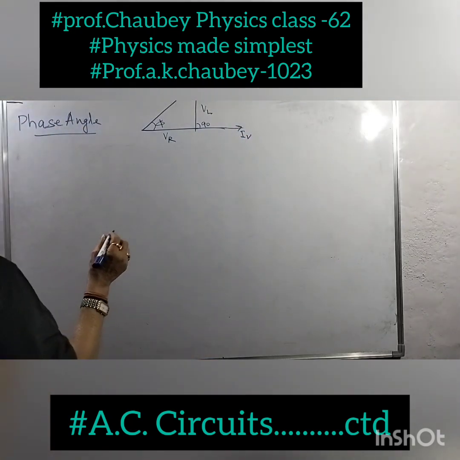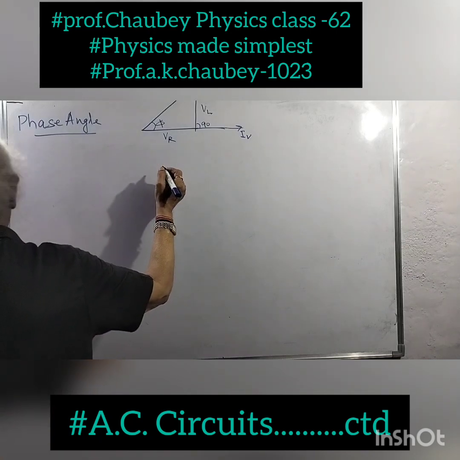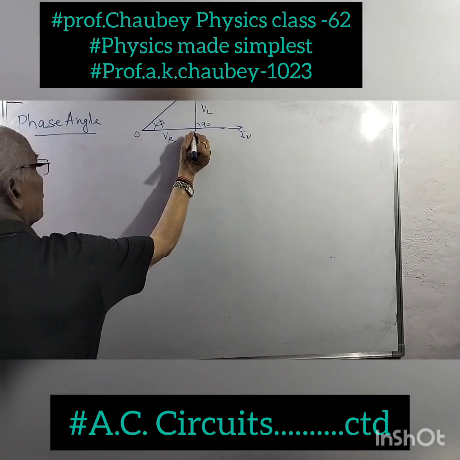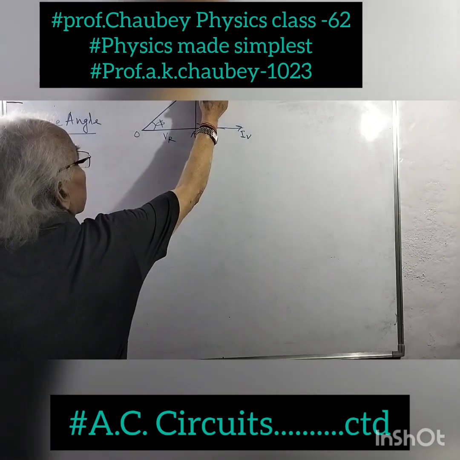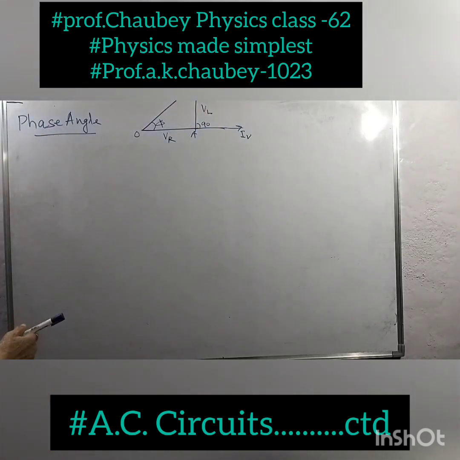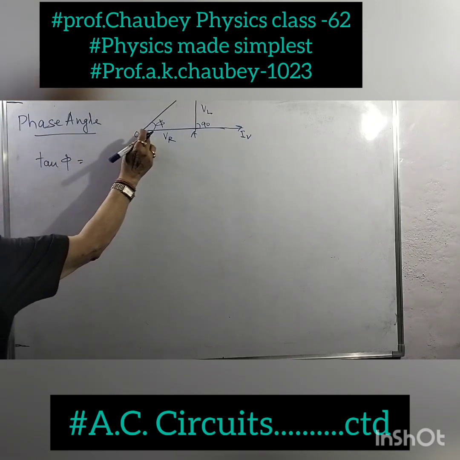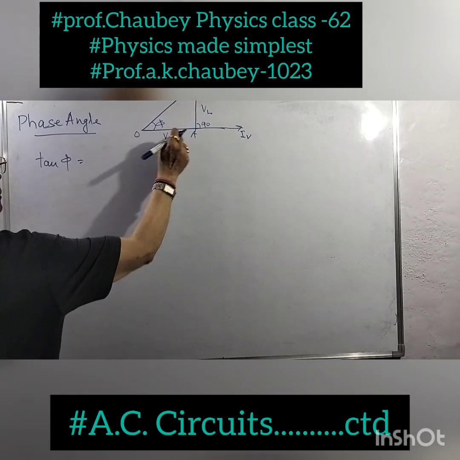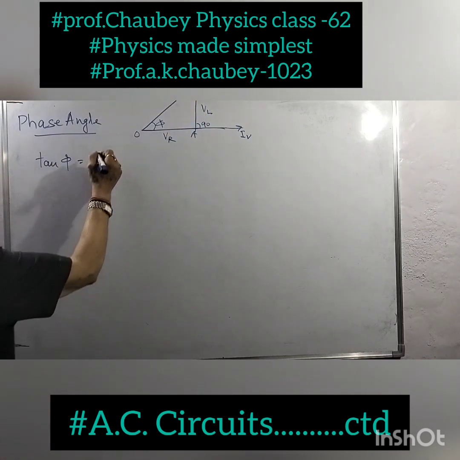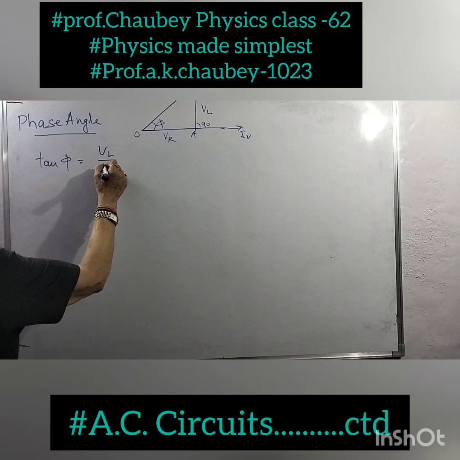So at some point we will write O, A and B. What is the phase angle between the resultant? Say we have EB, and for the phase angle, tangent phi is VL over VR.